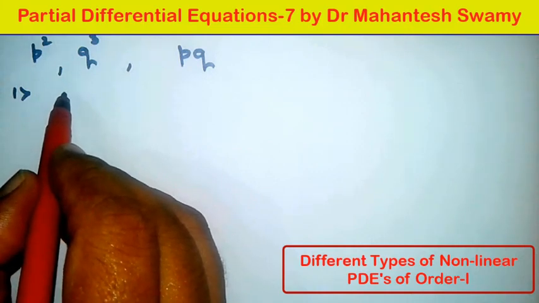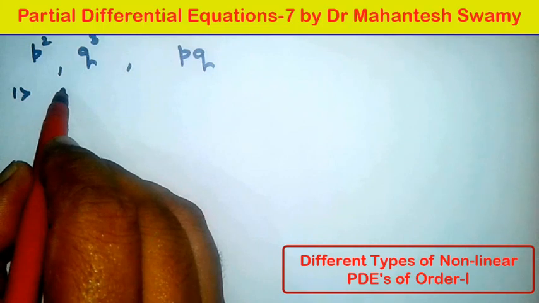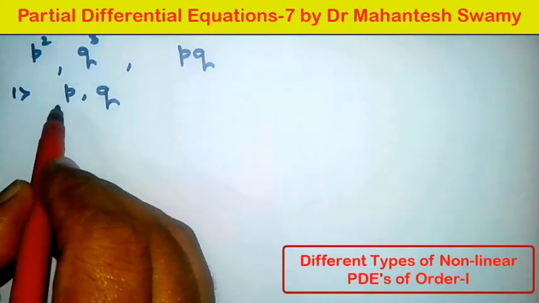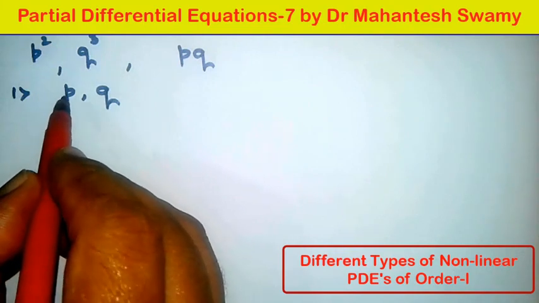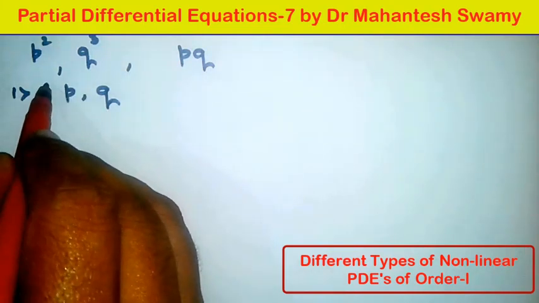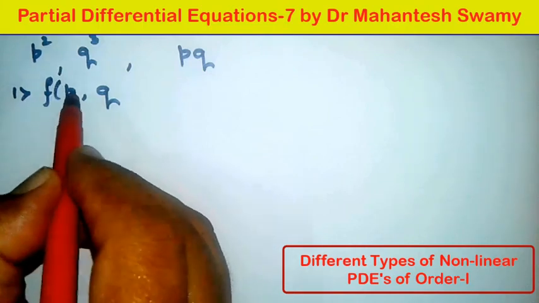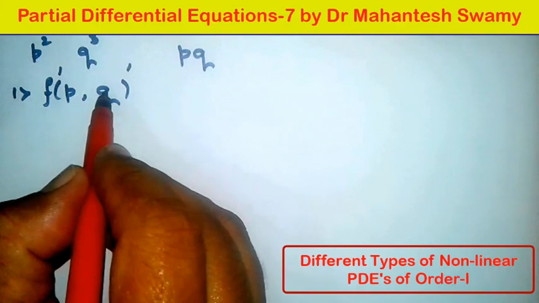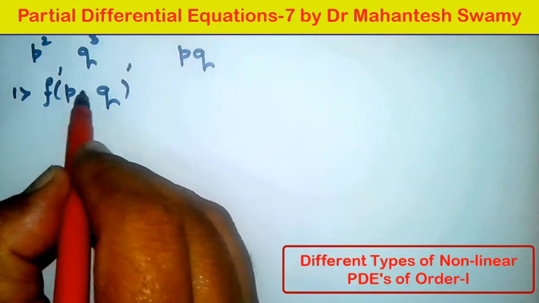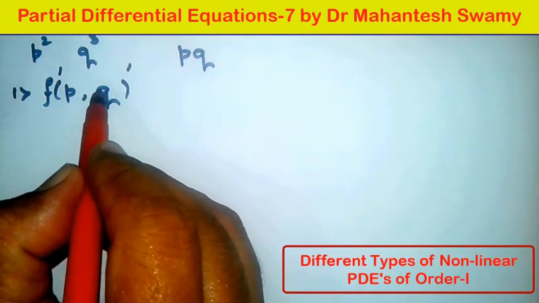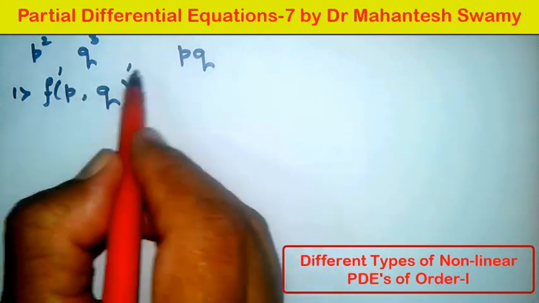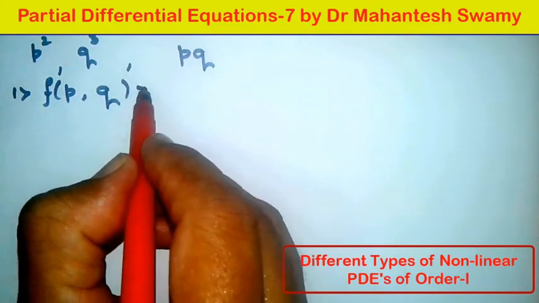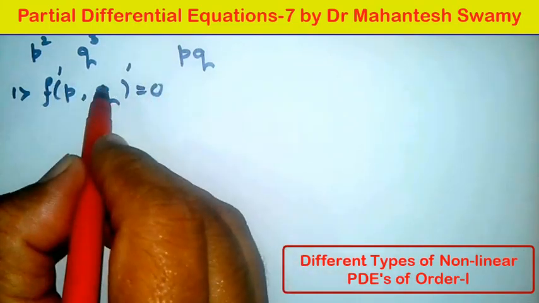There will not be any other term other than P and Q. That is, there will not be an X term, there will not be a Y term, there will not be a Z term. Only P and Q terms will be there, that is some relation between P and Q where we will have a higher degree in P or higher degree in Q or P, Q multiplied together. Such types of non-linear terms will be there, and we are going to consider them in the first type of PDEs.